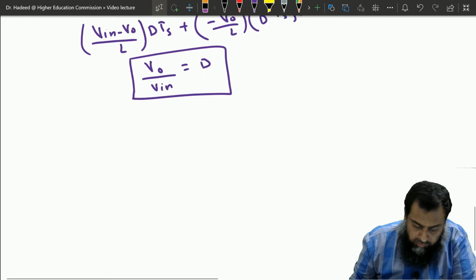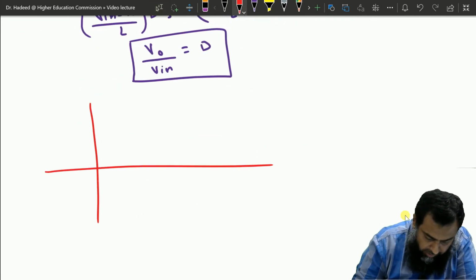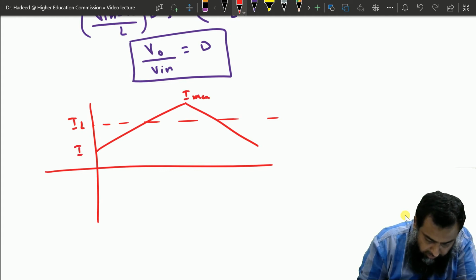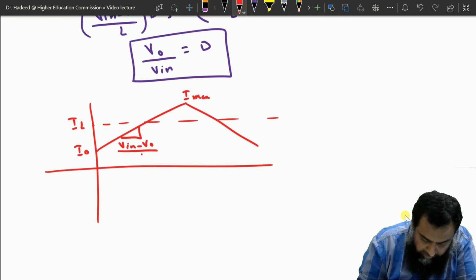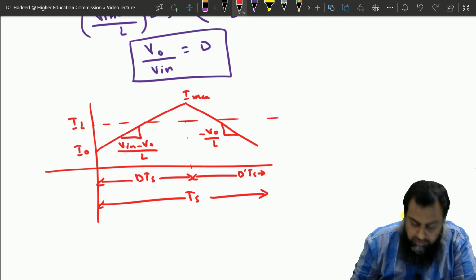So let me draw this waveform here again to have a better understanding. This is IL, this is I max, this is I naught, this is V in minus V naught over L, this is minus V naught over L, this is d time Ts, and this is d prime Ts, and this whole is the Ts.